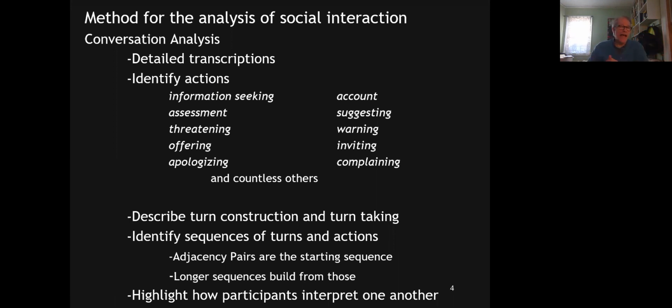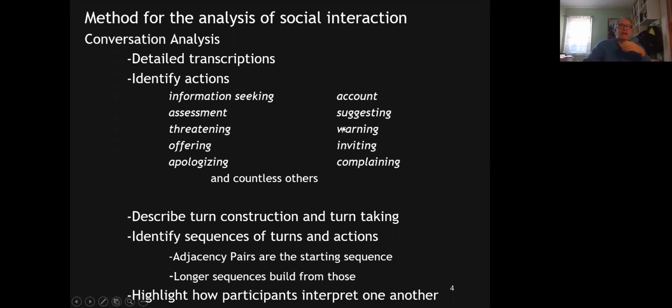So we know what these actions are because we use them ourselves. So some of these are very familiar to us, like apologizing or offering or warning or inviting or complaining. These are kinds of actions that people do with language.